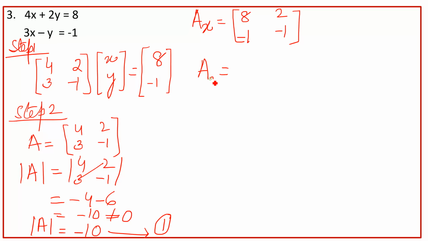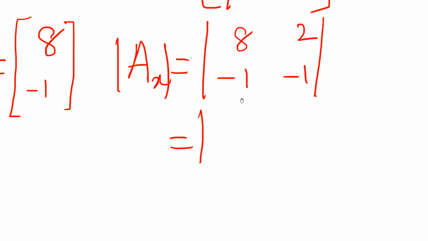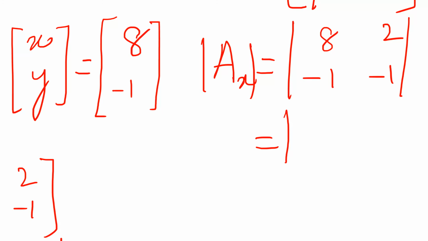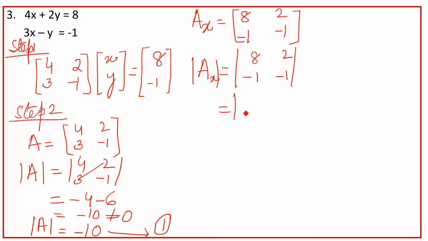So here you have to take the determinant of this: 8, -1, 2, -1, which is equal to, you have to multiply like this. I will do it for you, okay?